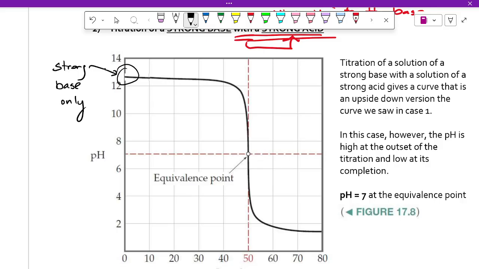Okay, and then what are we doing as we go along? We are adding in HCl, strong acid. But who is in excess? While our pH is still high. Base.